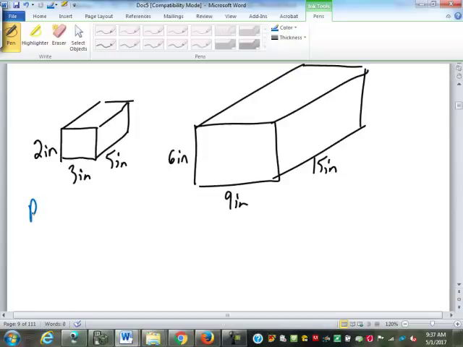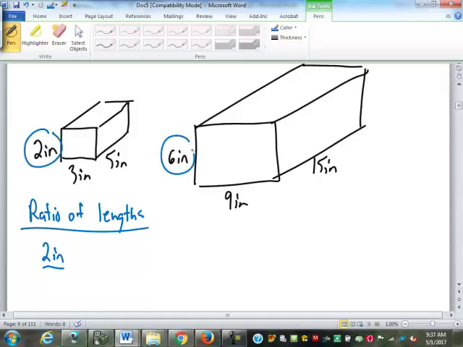So the ratio of lengths again. Well, 2 inches became what? 6 inches. I reduce that. Inches cancel out. 2 over 6 becomes 1 over 3.